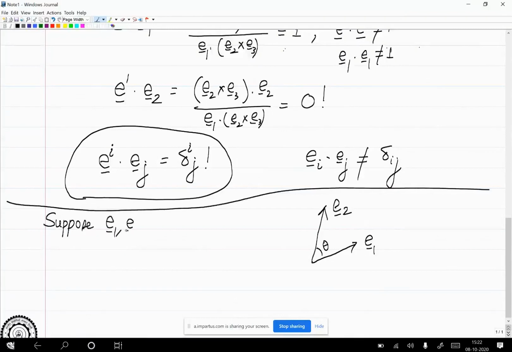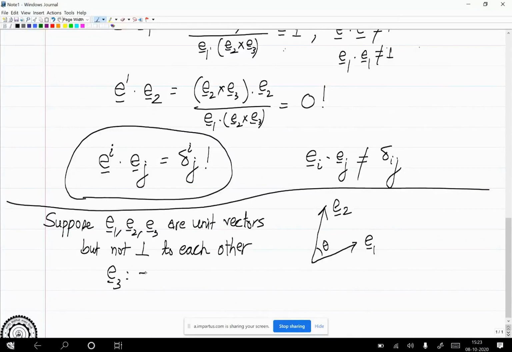Suppose E1, E2, E3 are unit vectors, but not perpendicular to each other. But E3 is perpendicular to E1 and E2, so E3 is coming out of the paper.